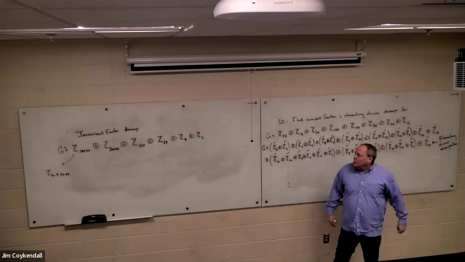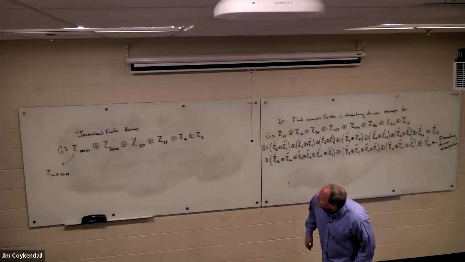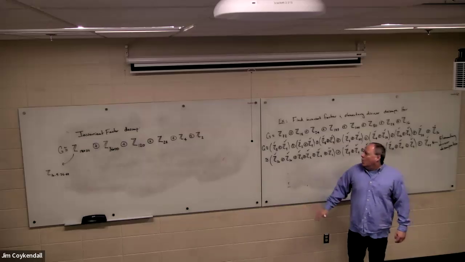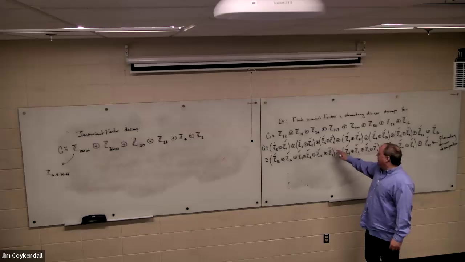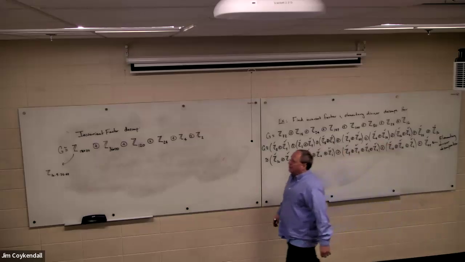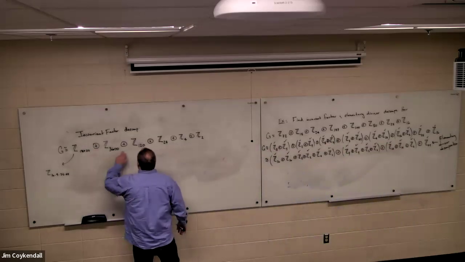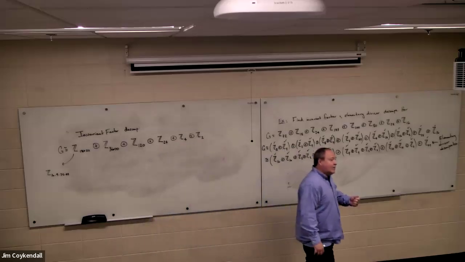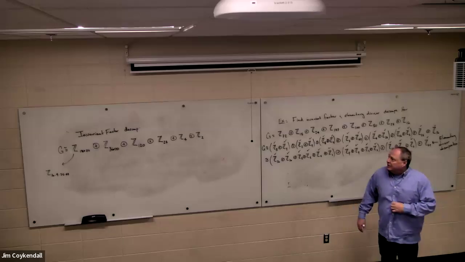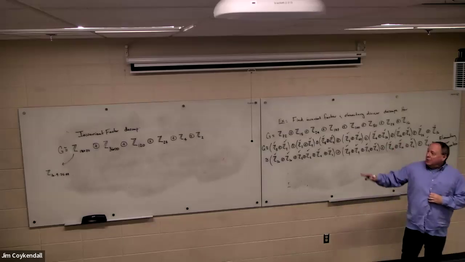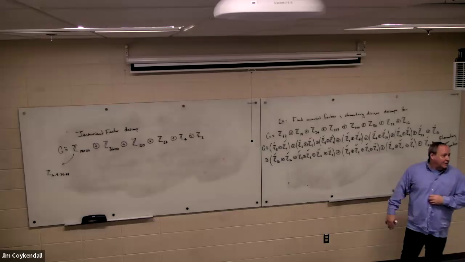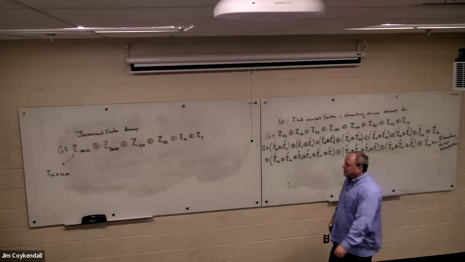The exponent of this group is 176,400. The order of this group is very, very large. It's the product of these 1, 2, 3, 4, 5, 6 numbers. However, the exponent of the group is 176,400, which means the order of every element in this group divides that, which is much smaller than the order of the group itself.